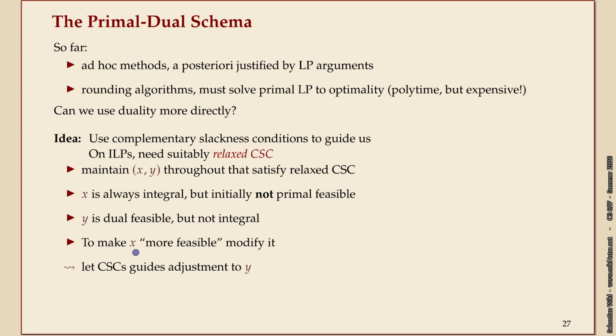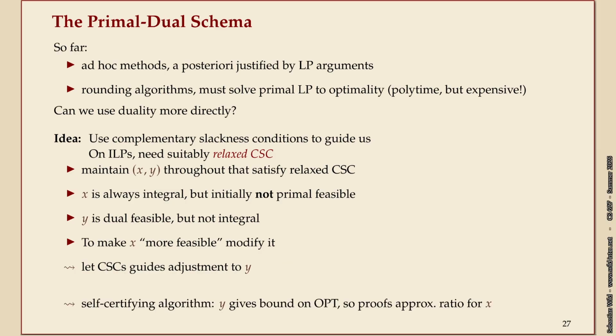And then we use the complementary slackness conditions to guide us where to make changes. And so we're trying to make x more feasible, and that means we're going to make y not satisfy the complementary slackness conditions, and we let those guide us how to adjust things.